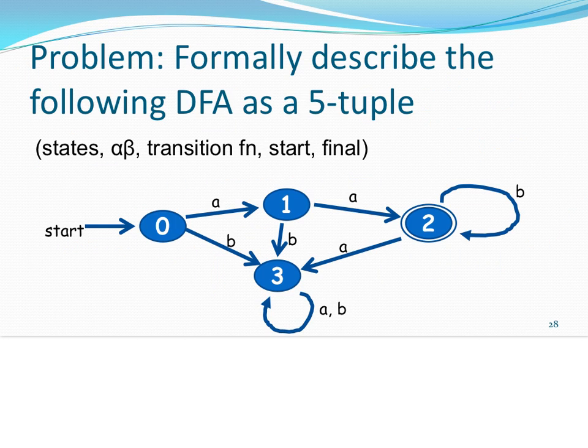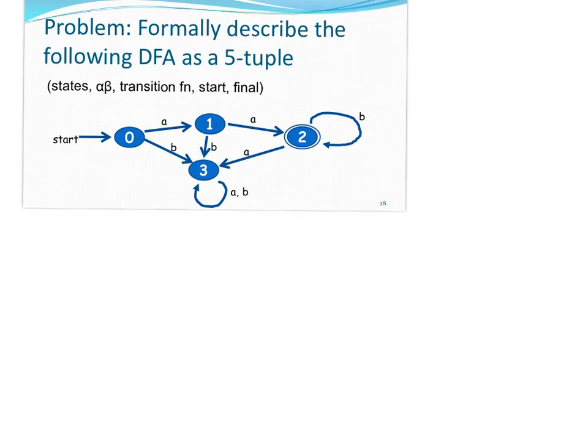So let's describe this DFA as a 5-tuple, and just for this problem, I'm reminding you what order we need to give them in. Let's shrink this a little bit so we have a little bit more room. There we go.